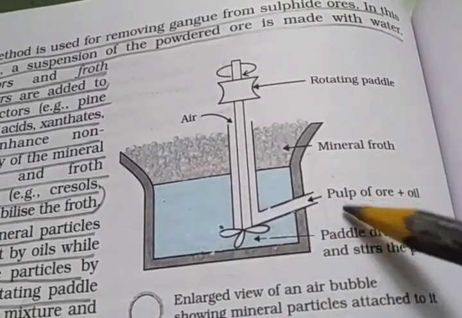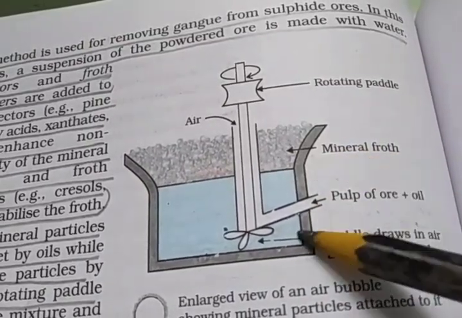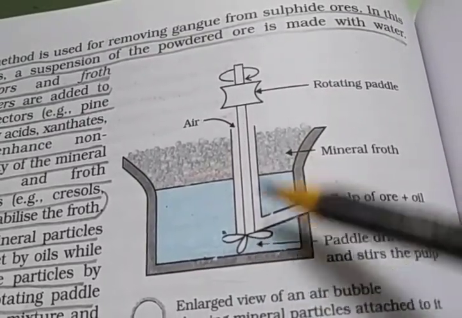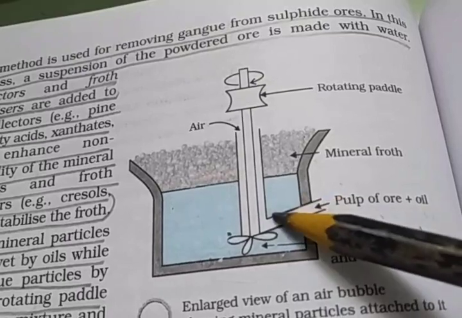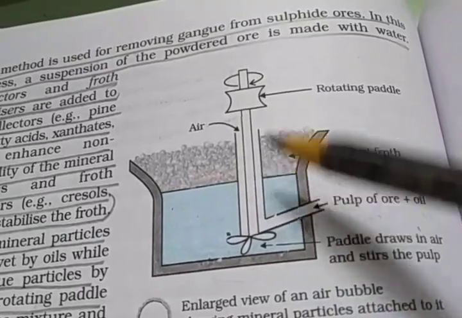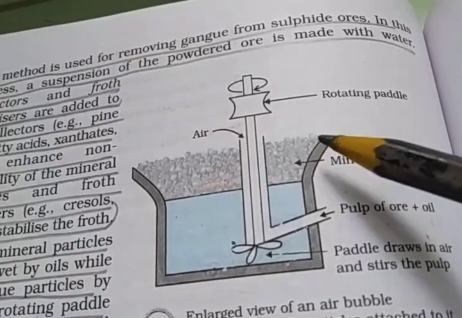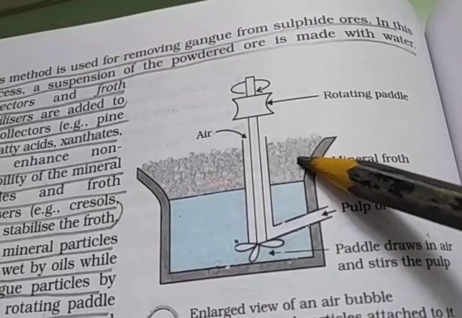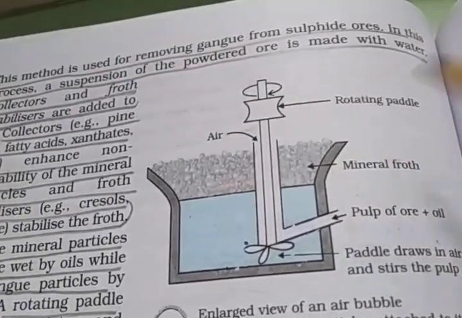Mineral particles are wet by the oil, while the gangue particles are wet by the water. The rotating paddle agitates the mixture and draws air into it. Froth is formed which carries the mineral particles, and it is light and skimmed off, and then dried for recovery of the ore particles.